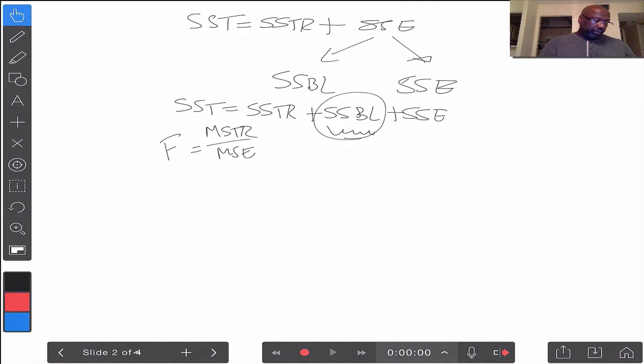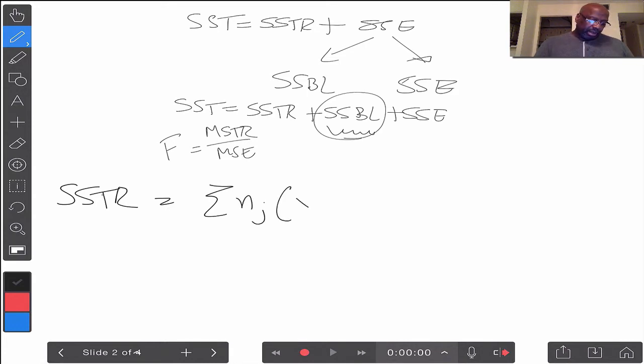So for SSTR, you've already seen this one, which is the sum of NJ times X bar J, that would be for the group or for the treatment, minus the grand mean, squared.